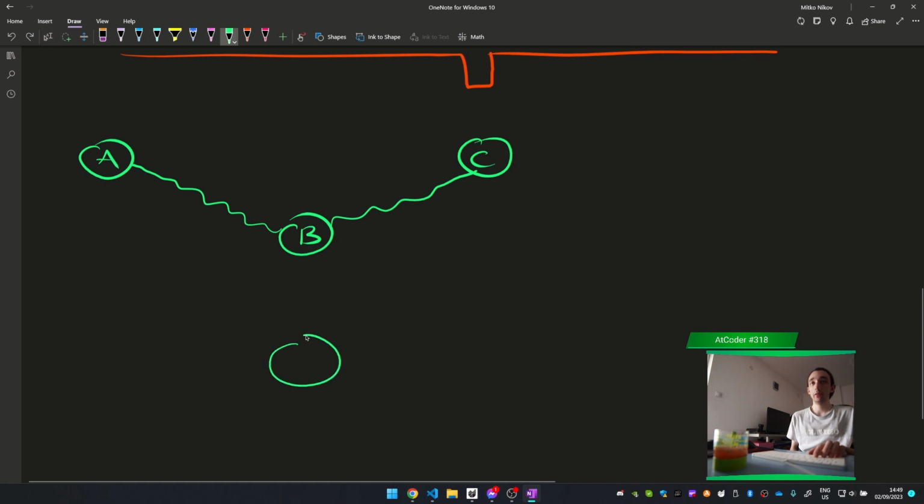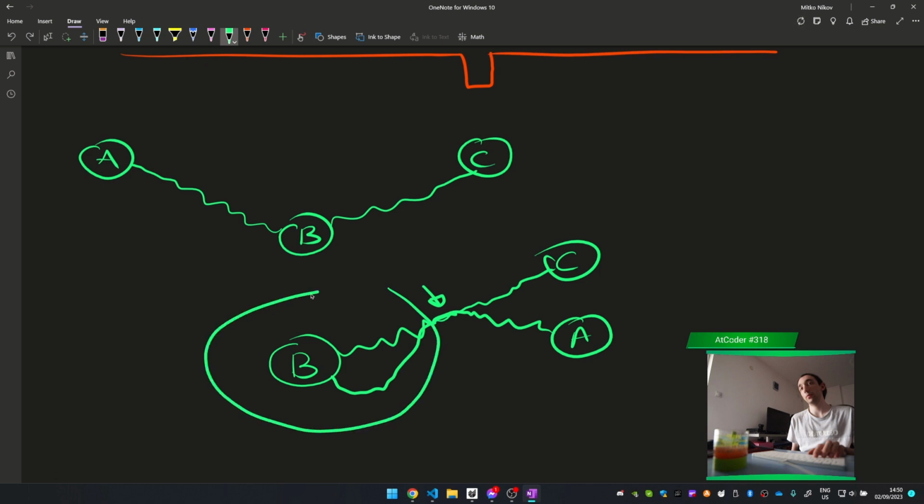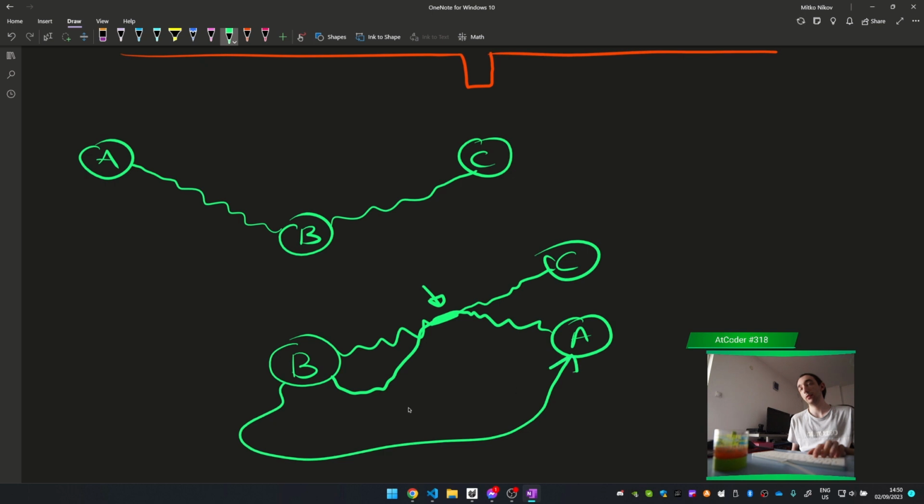If there is some intersection like this, it means that here is a bridge between this here and this here. Because if there wasn't a bridge, I would just take the other route, right?